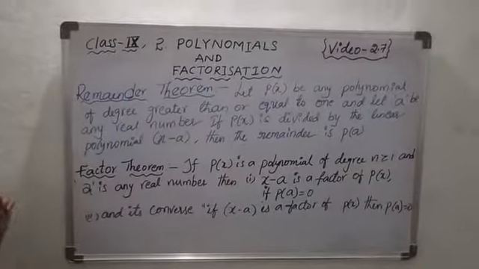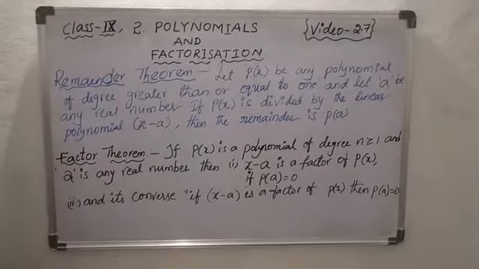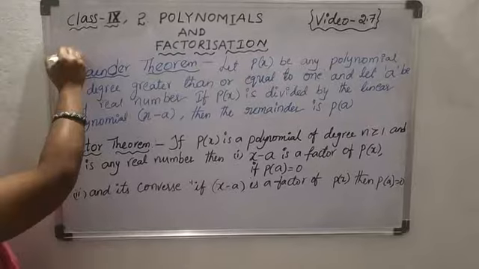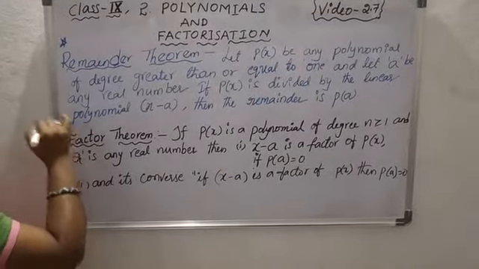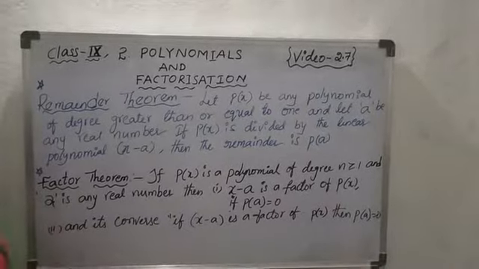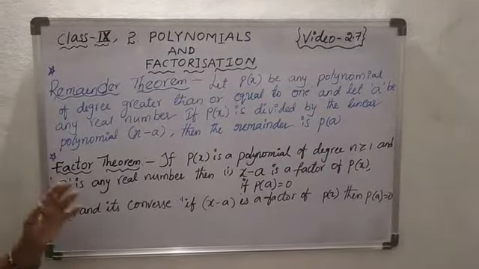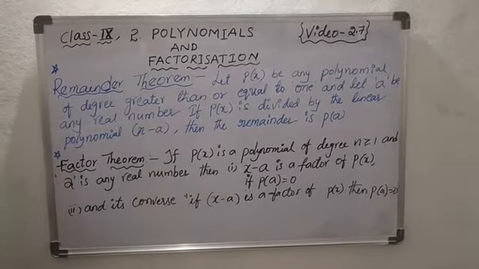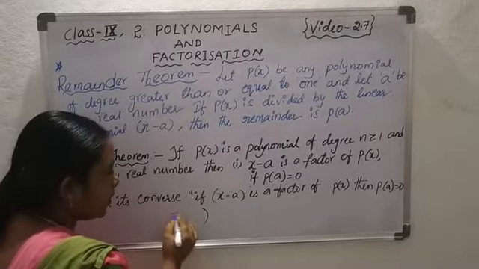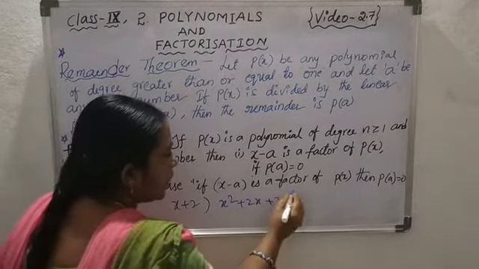Today we will discuss what the remainder theorem is and what the factor theorem is. These two theorems are very important in the 9th class polynomials chapter. In 8th class you learned how to divide one polynomial by another polynomial using the division method.